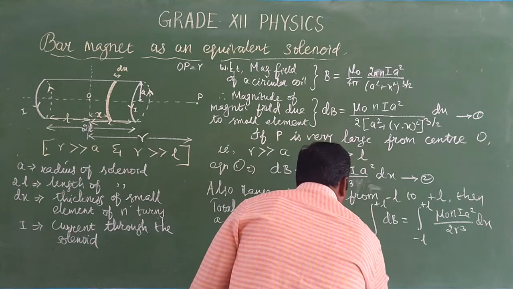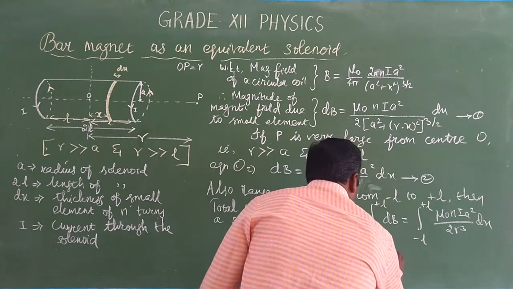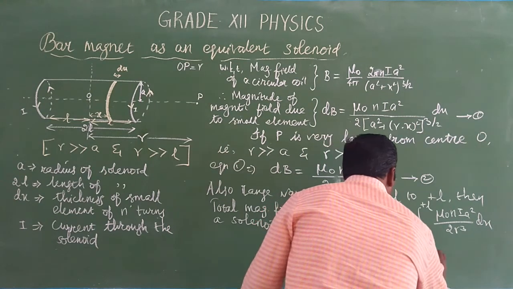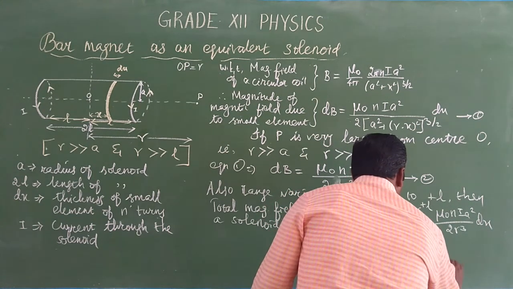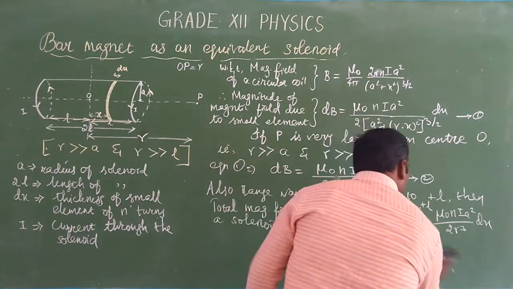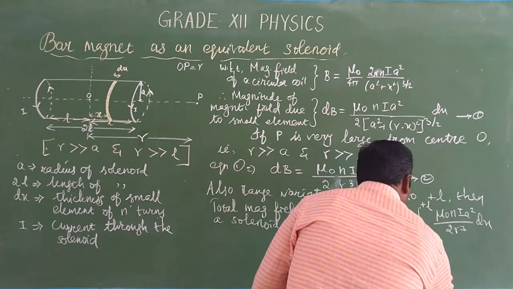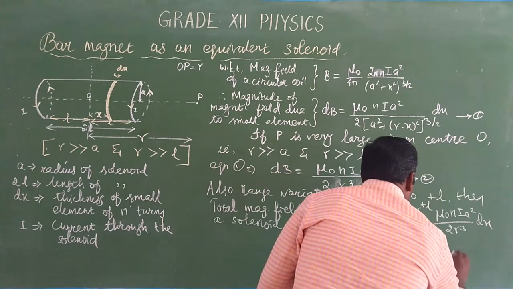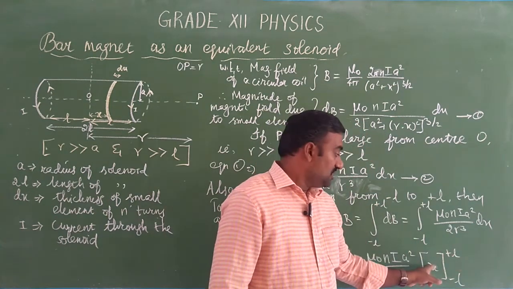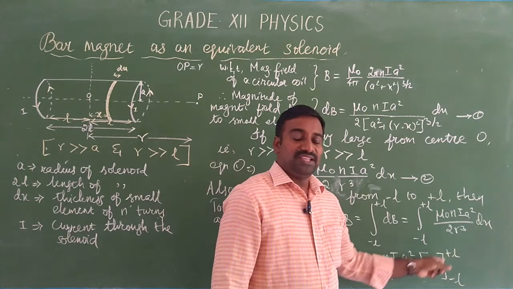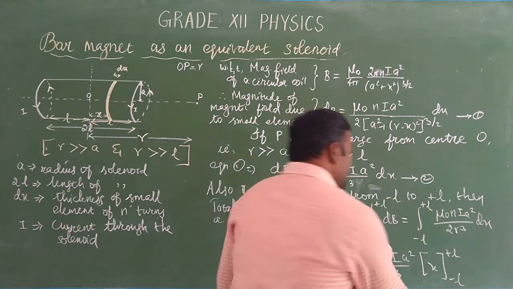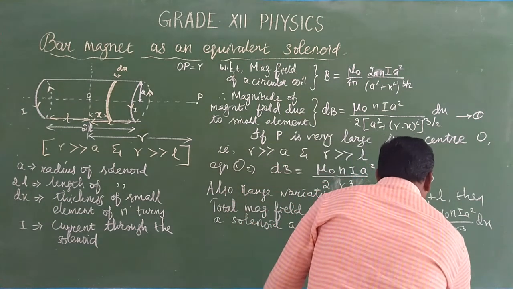So B is equal to mu naught N I A square by 2 R cube, which is constant, then the integration from minus L to plus L of dx. Integrating dx, you will get x, between minus L and plus L. So upper limit minus lower limit: we substitute the upper limit plus L, minus the lower limit minus L, so plus L minus of minus L becomes L plus L, which is 2L.